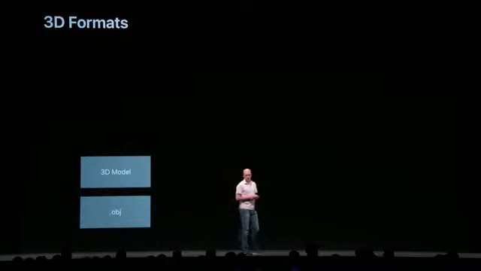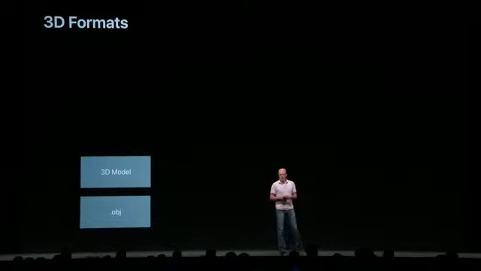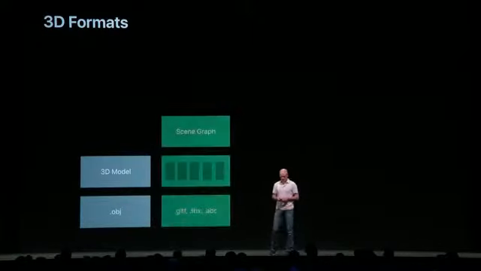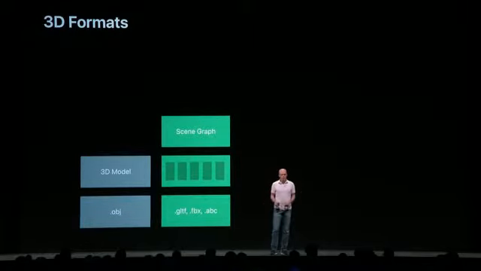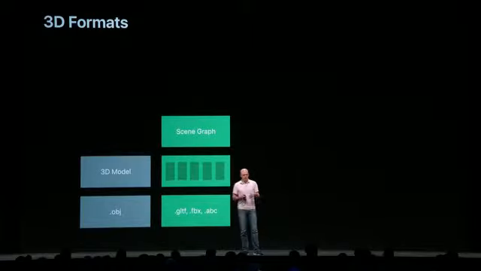Let's take a rough comparison of current file formats out there. The most basic format is OBJ, which essentially contains a single 3D model. It has a limited material support and no animations. Then there's a large group of different, more modern file formats. They usually can contain multiple models that can be laid out in a scene graph. They can support different sets of material descriptions and also animation.